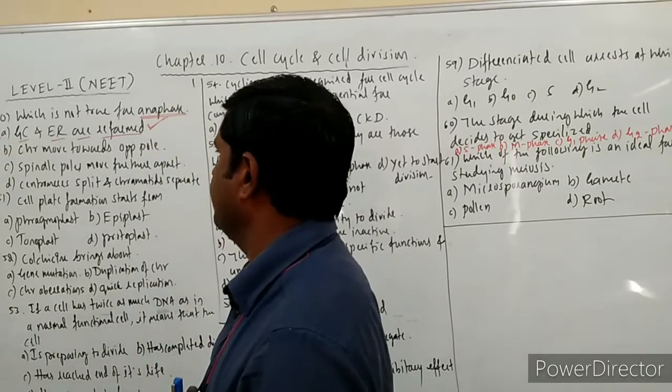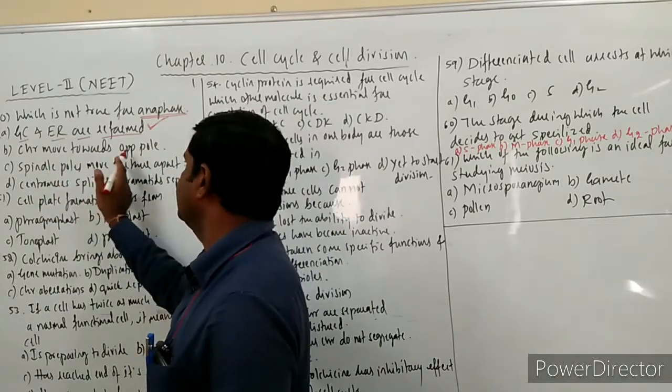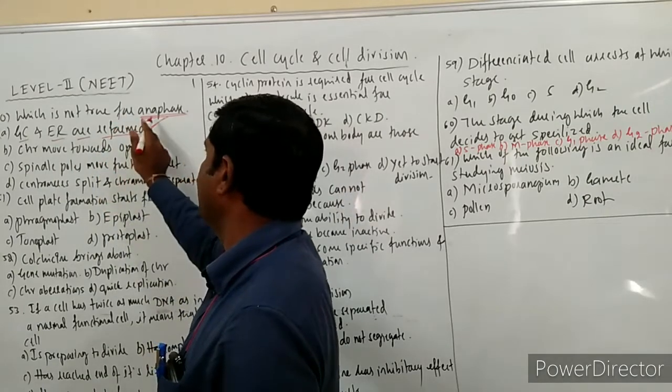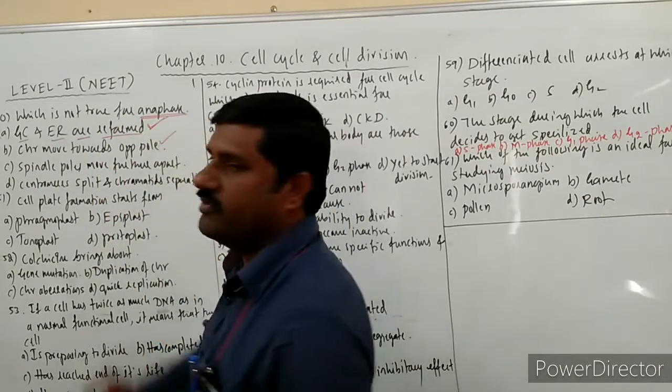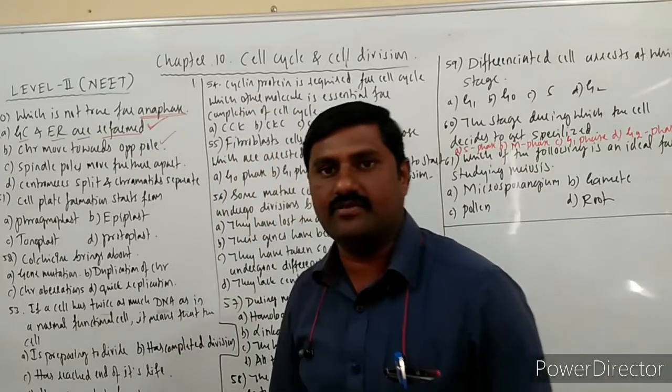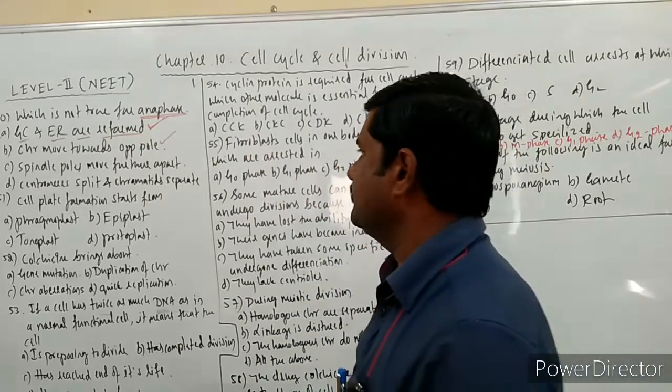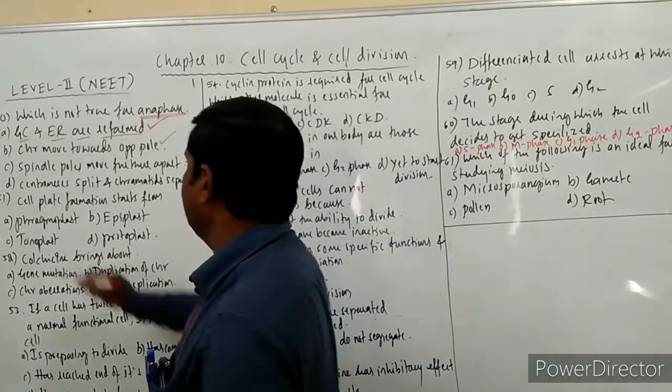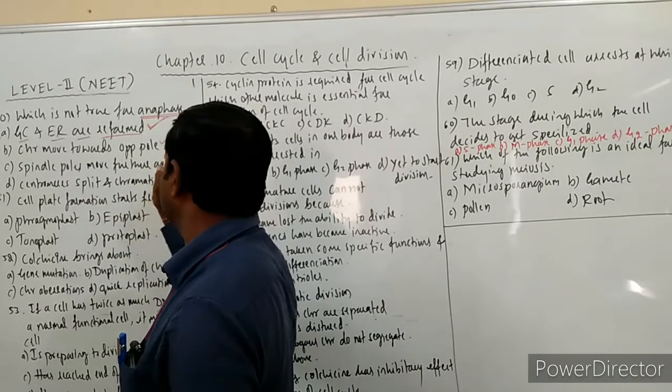And what is the next statement? Chromosomes move towards opposite poles. Of course, in anaphase the chromosomes move towards opposite poles. It is the right statement. Spindle poles move further apart.